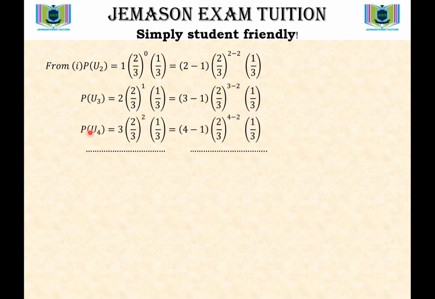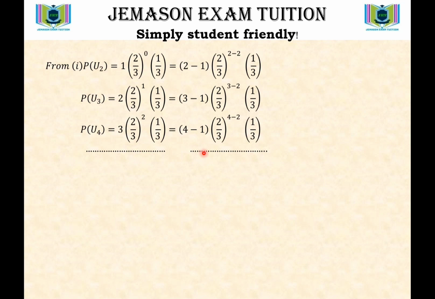Again, we look at P of U4, which is the probability of having a white ball in the first 4-1 or the first 3 trials, which is equivalent to 3 times the probability of having 2 black balls in the first 2 trials and then a white ball in the third trial, as we saw in the previous part of the question.